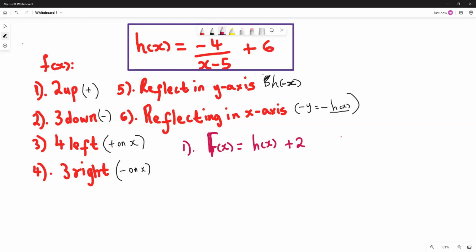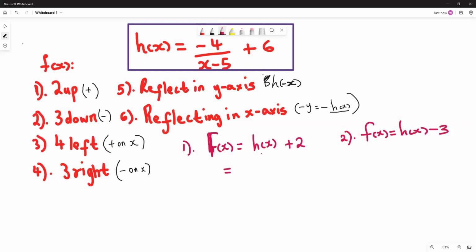Then I'm going to do them simultaneously. The second one will be f of x equals h of x minus 3, because they say 3 units down we subtract. Right, now let's simplify. We know that h of x is this, right?